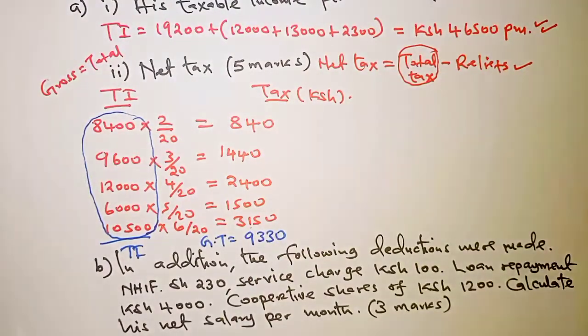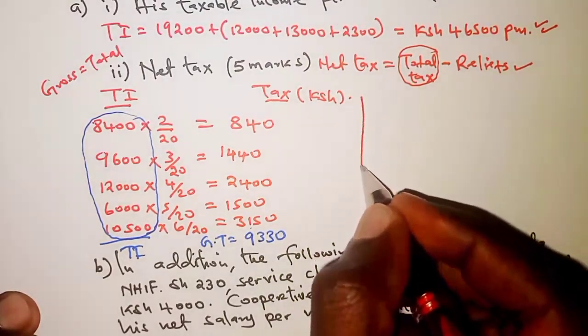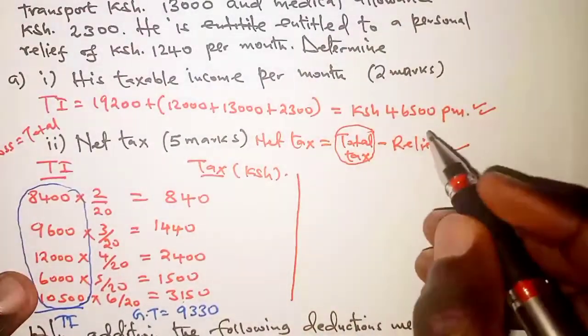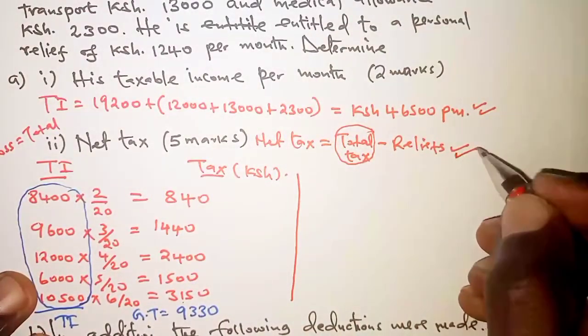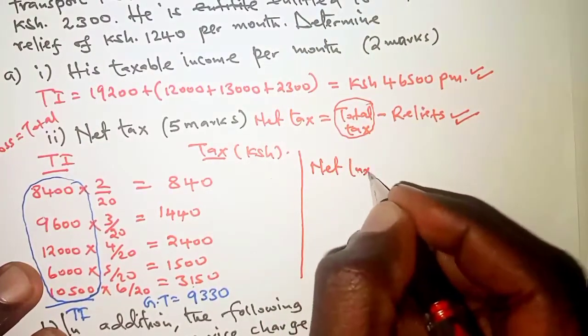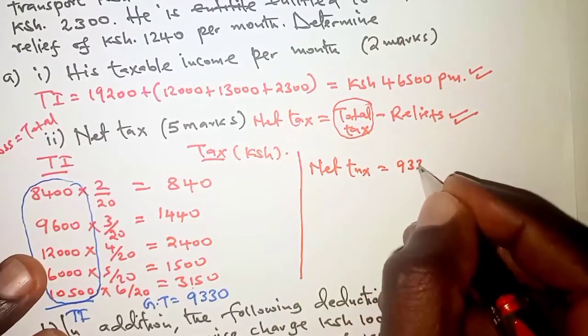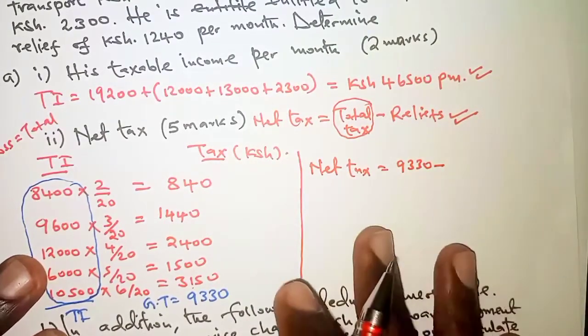Okay, but in the equation, we are required to get the net tax, and from the equation that we had determined earlier on, net tax therefore becomes the gross tax, which is 9,330 minus relief.